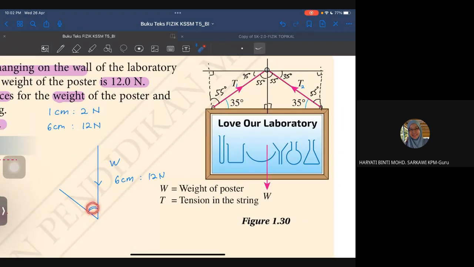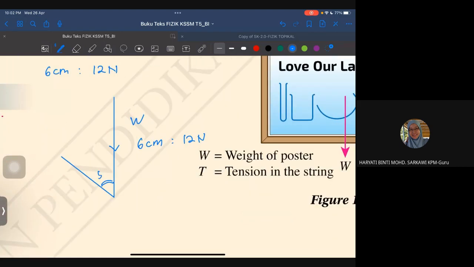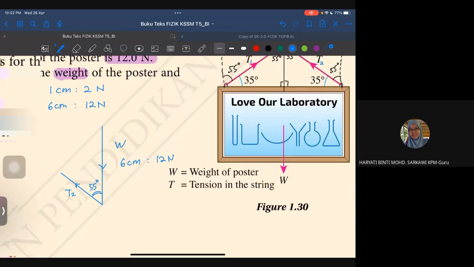This angle, to the vertical, right? So this is your T2. T2 to the vertical will be 55. So it means that I need to measure 55 degrees here. T2.